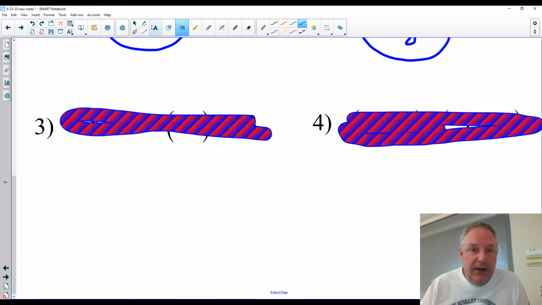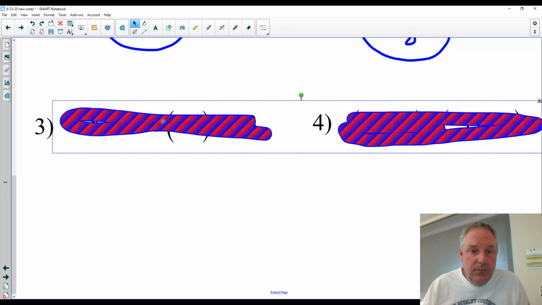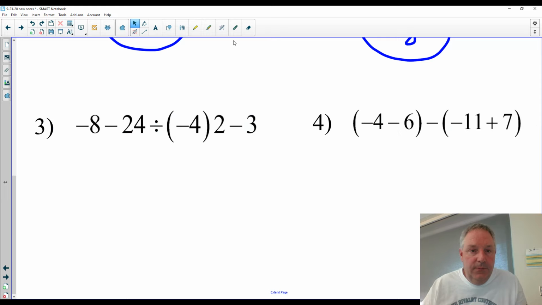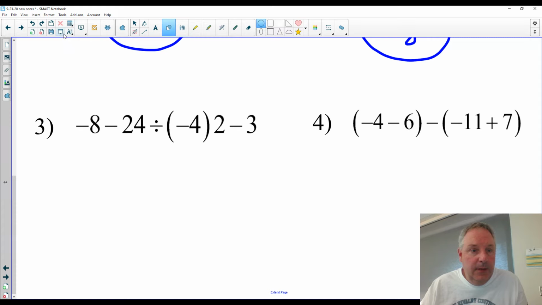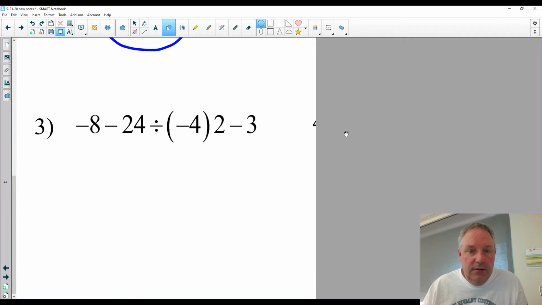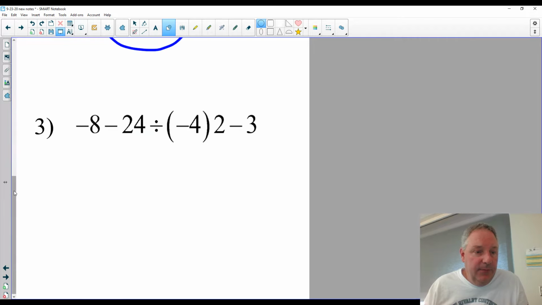Number 3. This is a tough problem. This is the toughest one that we're doing today. Maybe put a star next to this one. Let me get rid of this so I can go down here.